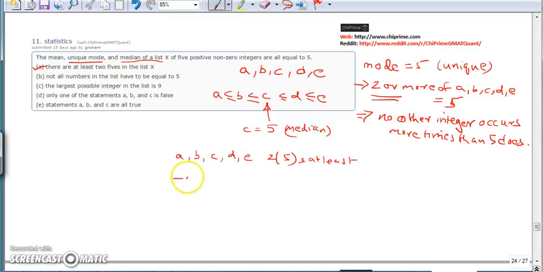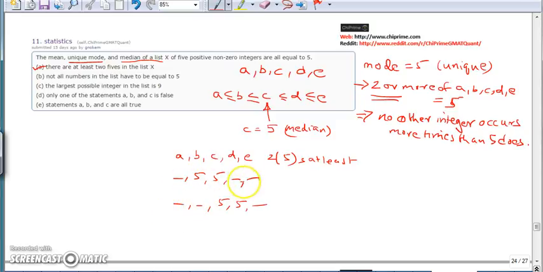So what are the possibilities? You get blank, 5, 5, blank, blank. That's one possibility. Another possibility is blank, blank, 5, 5, blank. Those are two possibilities, because we have at least 2 5s.